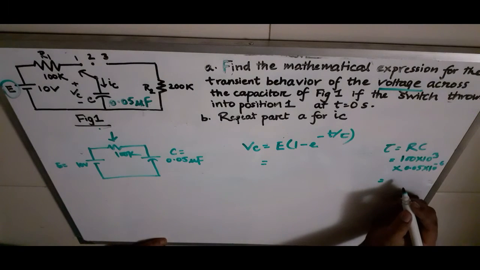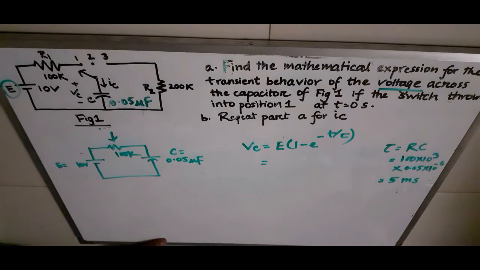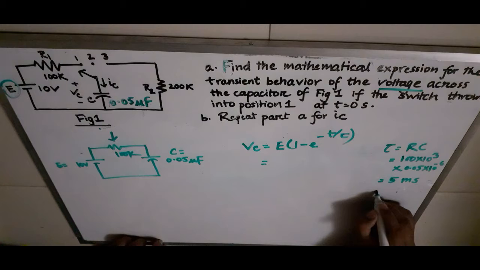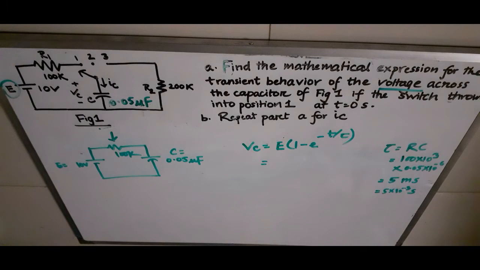That gives us a value of 5 milliseconds. Tau gives us a value of 5 milliseconds. In other words, you can write this as 5 into 10 to the power minus 3 seconds as well.